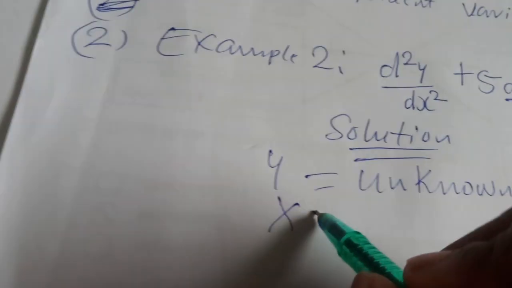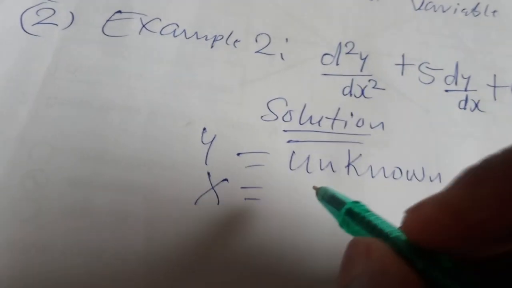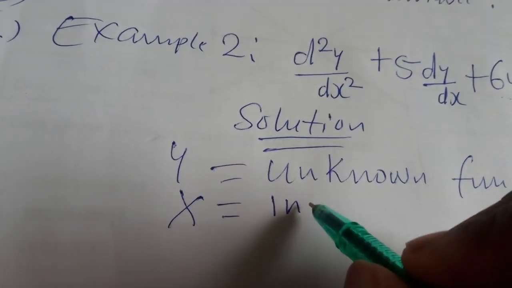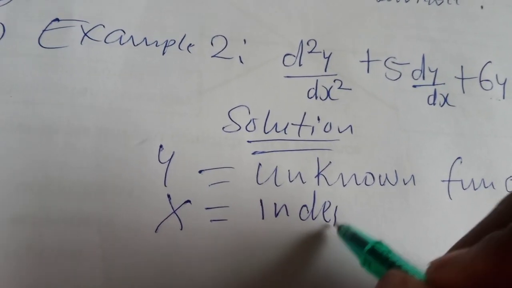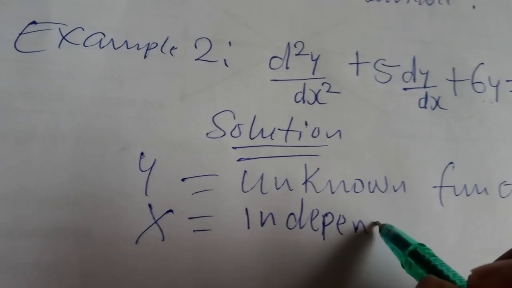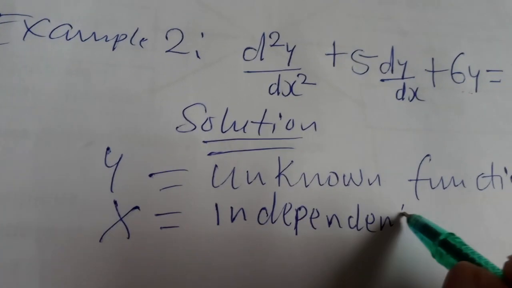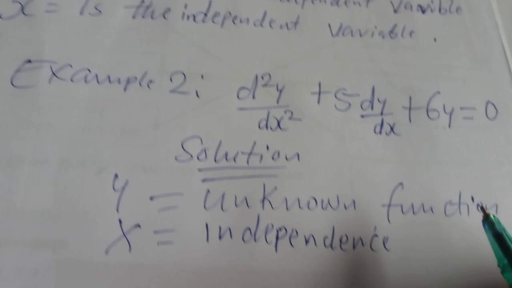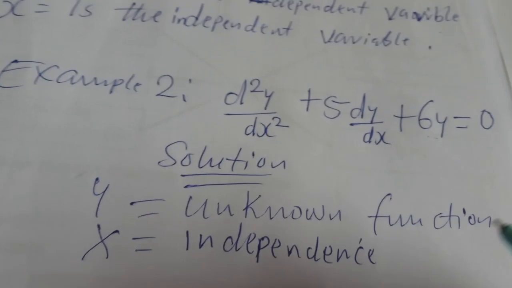And x is our independent variable. I will explain why x is an independent variable, but I have another video for independent variable and dependent variable. You need to watch it.